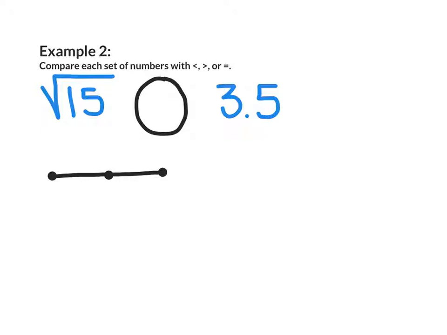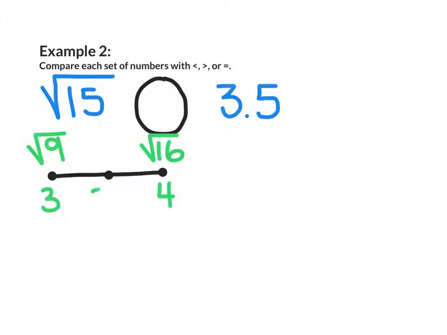Example 2. Compare each set of numbers with less than, greater than, or equal to. I have the square root of 15, so I know I'm going to estimate. So I have a number line, and I know that the square root of 15 is between the square root of 9 and the square root of 16. So the square root of 9 is 3, the square root of 16 is 4.